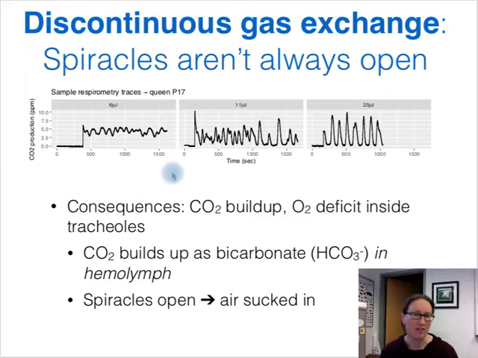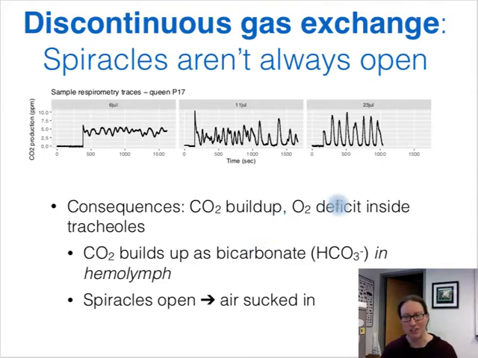When we're thinking about this carbon dioxide buildup, we can't just think about that in terms of gas production, right? Because carbon dioxide has a fairly high solubility coefficient. So in this whole process, we think that carbon dioxide buildup happens in the form of bicarbonate in the insect's blood or hemolymph. Okay, so it's in solution.